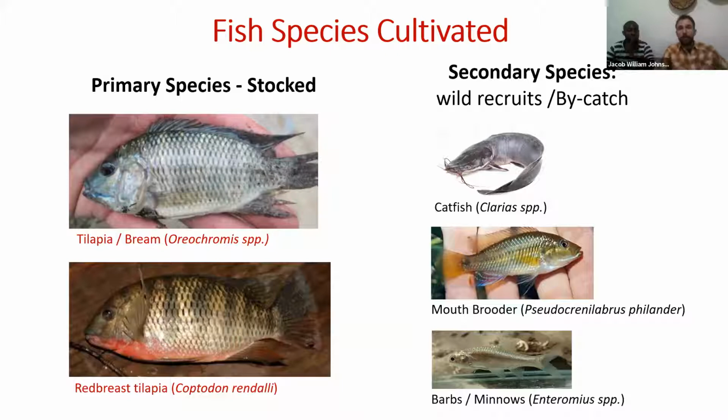The primary fish species cultivated in Zambia are native tilapias, such as Oreochromis macrochir, andersonii, and the red-breast tilapia, Coptodon rendalli. However, since aquaculture systems are typically open to the natural water bodies, farmers typically manage polyculture or mixed species systems that can include catfish, mouthbrooders, and barbs and minnows.